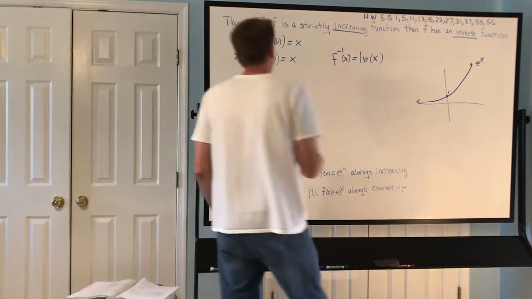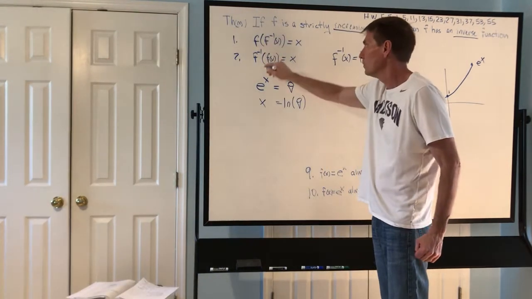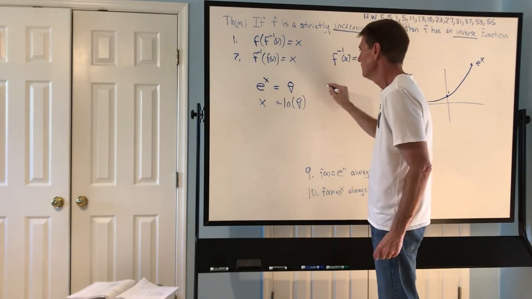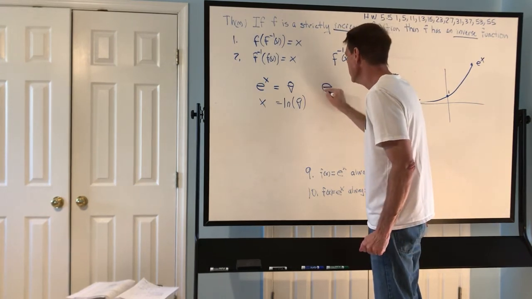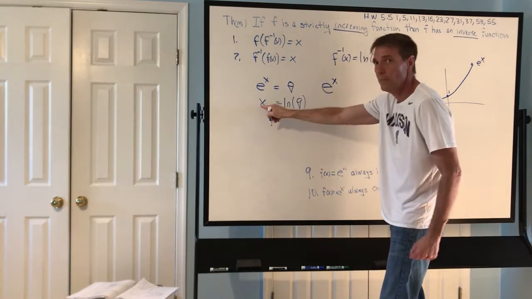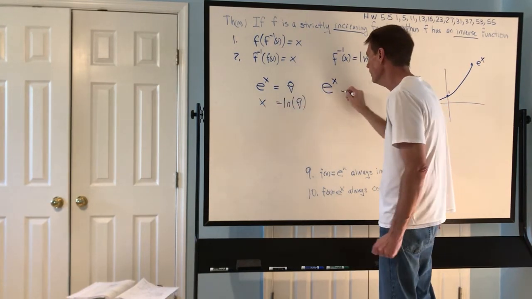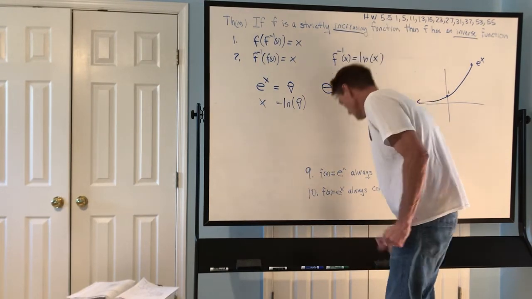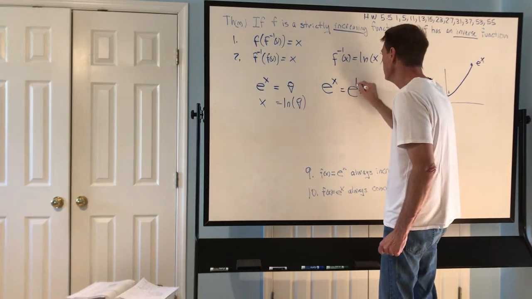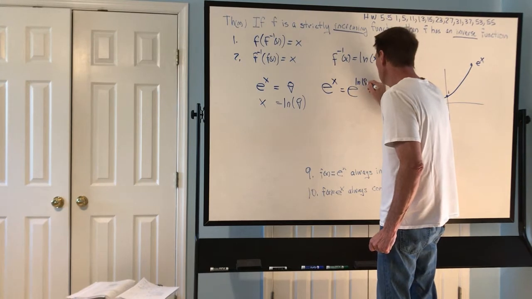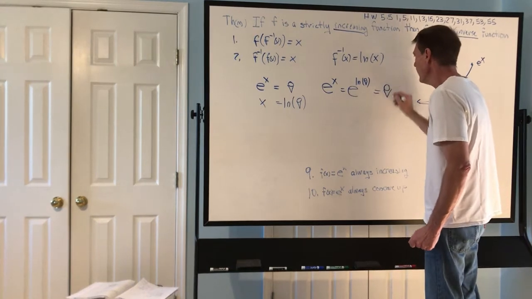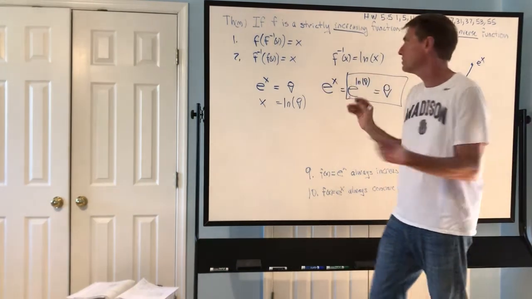Looking at these two identities, this one would say e to the x is equal to ice cream cone, but x is equal to the natural log of ice cream cone, so this would be e to the natural log of ice cream cone is equal to ice cream cone. So this is this identity.